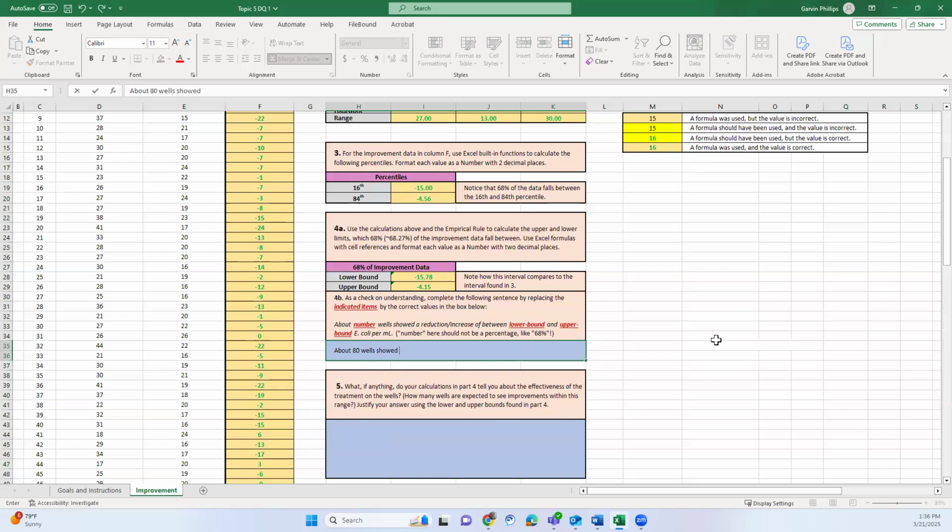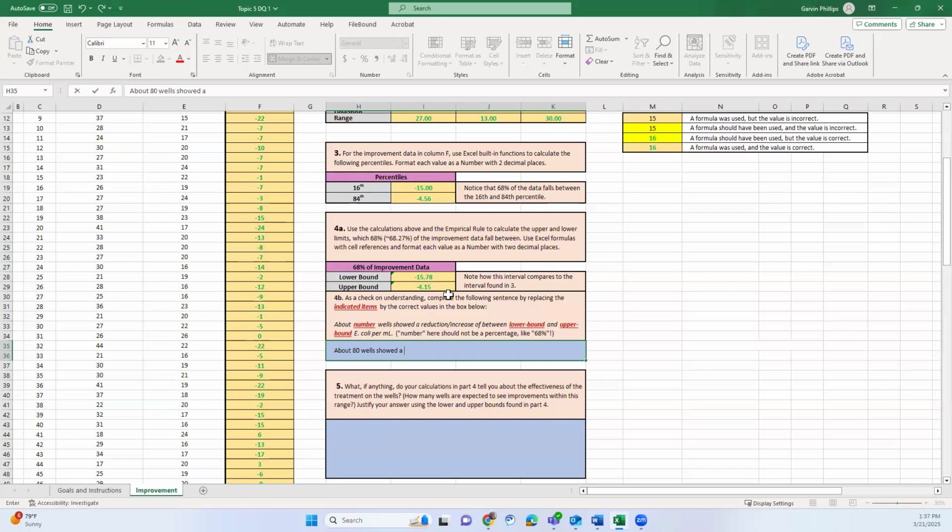Okay, so now we have to make a decision. For my data values, this is a decrease in E. coli, which means it's a reduction. If these numbers had been positive, there would be an increase, all right?